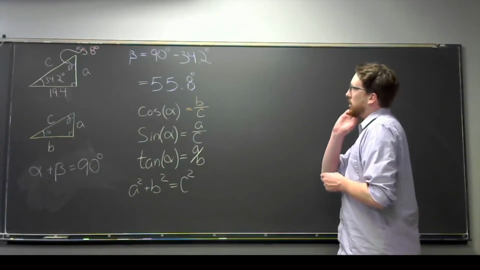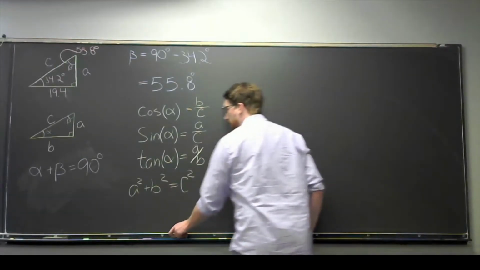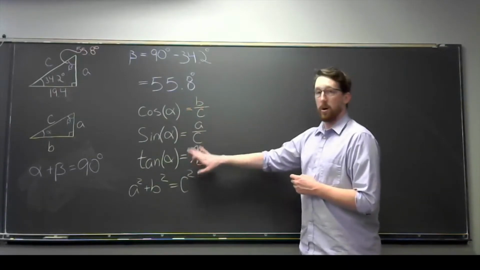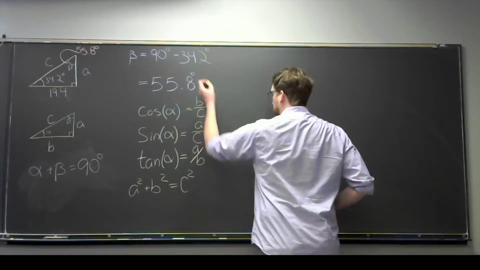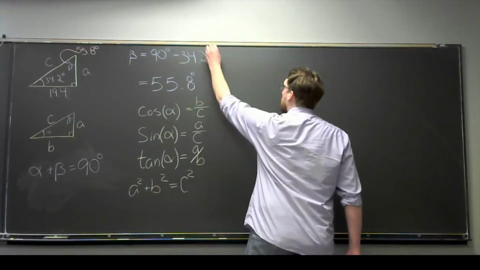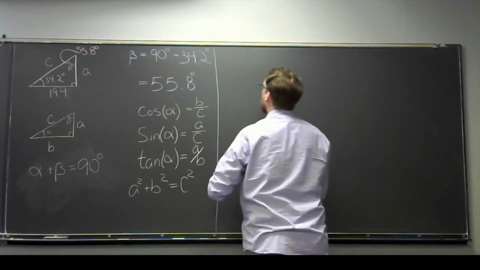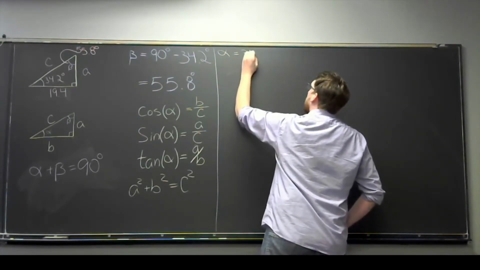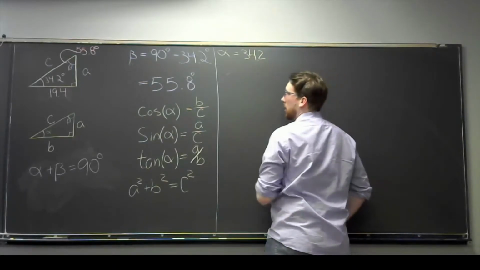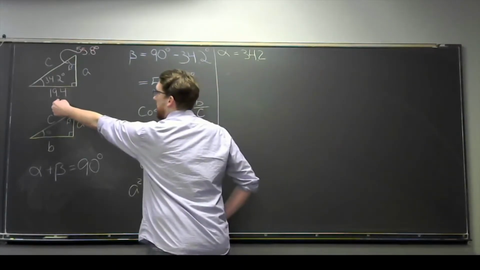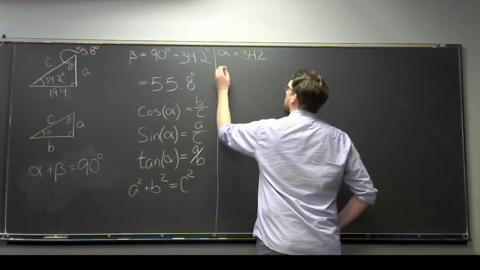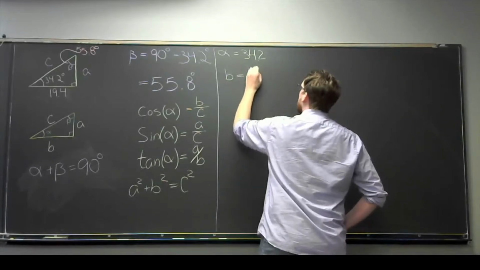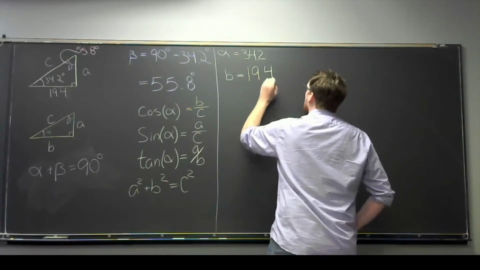So looking at this, let's now write out the constants that we know up here. Alpha is equal to 34.2. We also know what B is: B is 19.4.